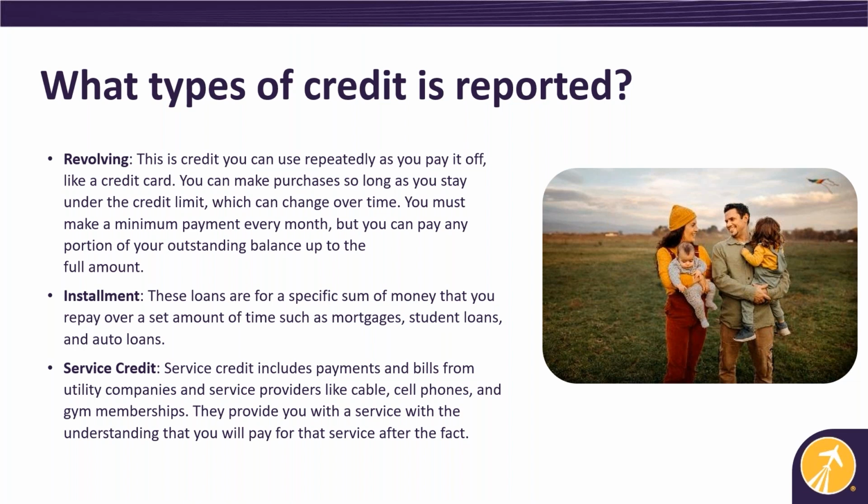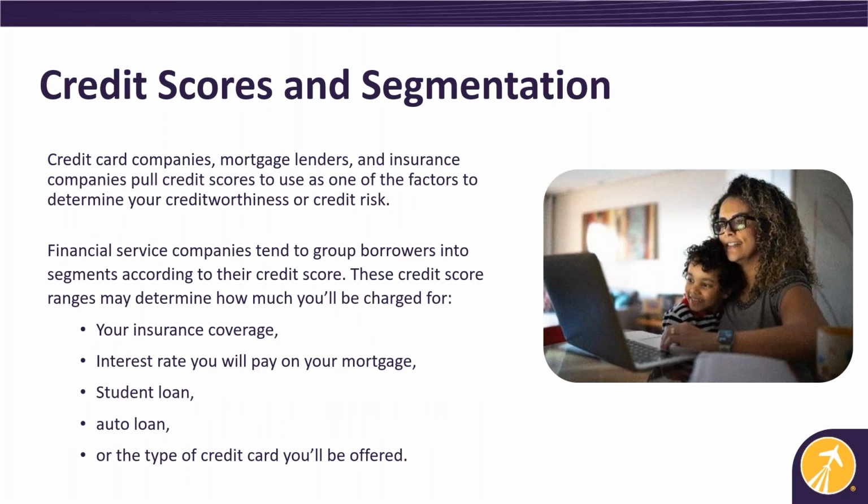Think about cell phone bills or cable bills, any of that sort of stuff that's service related. Oftentimes that will come up much later and be reported after the fact, but it's not necessarily going to show the same way in payment history. It will not show as a revolving or installment line of credit. But these are the types of accounts that you will see listed on the report itself.